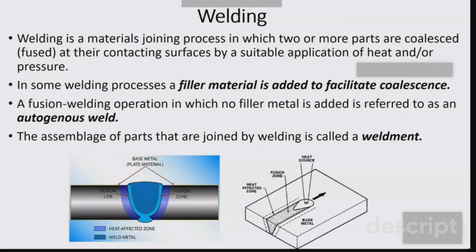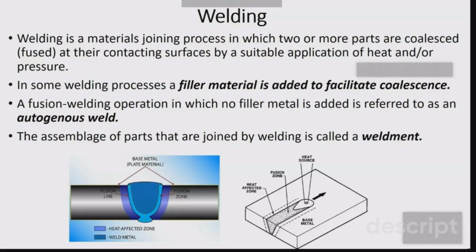So what is this arc? This is a continuous spark. This spark has a very high amount of heat and very high temperature, which causes the melting and evaporation of the workpiece.